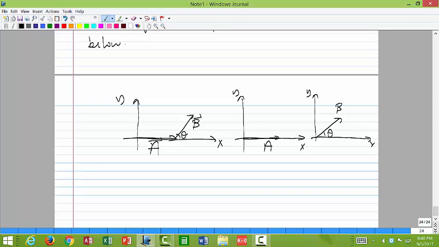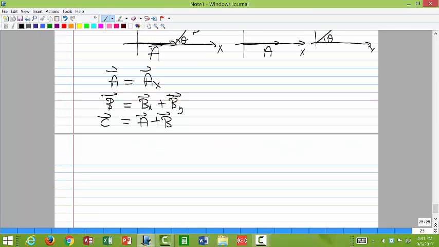So I can say that vector A has a component Ax. Vector B has the components Bx plus By, and so the resultant vector C is equal to vector A plus vector B. Is everybody following that?